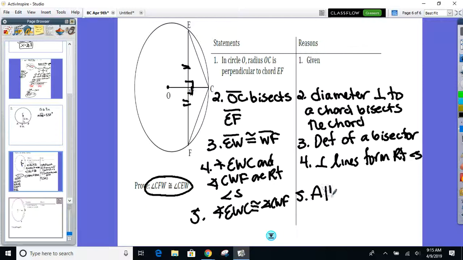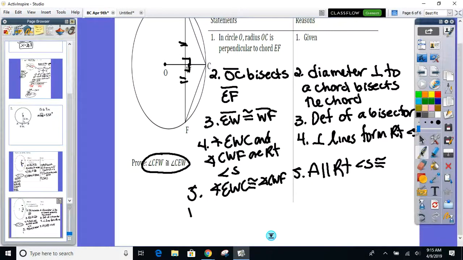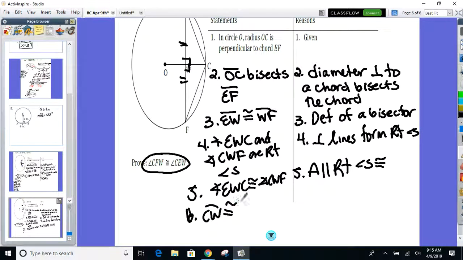Oh, yeah. See? It's like you never left. We need one more pair. Tough pair up here. Jasmine. Yeah, CW. CW congruent to itself. Reflexive.